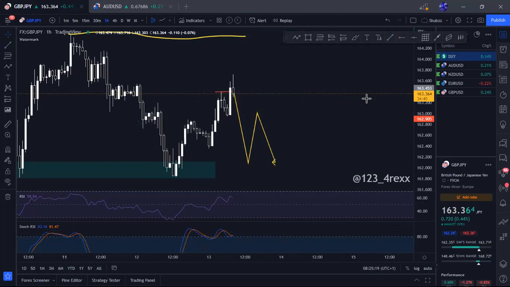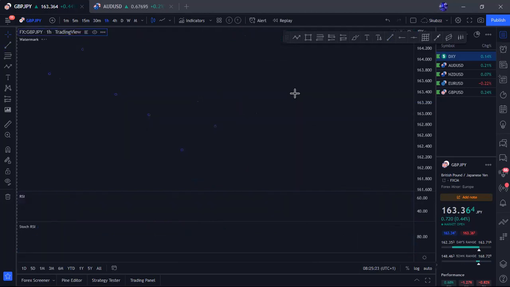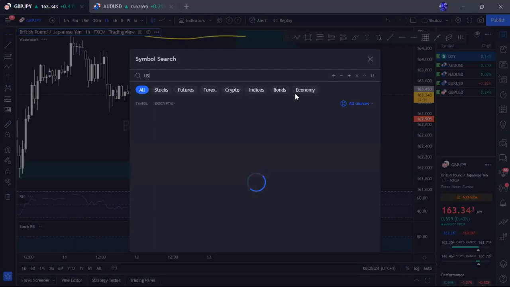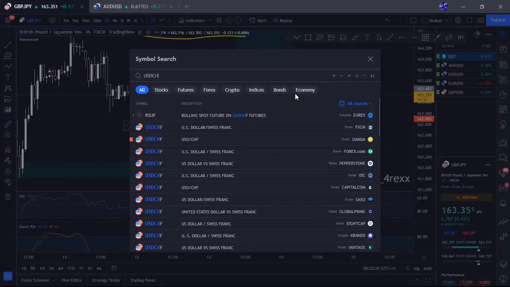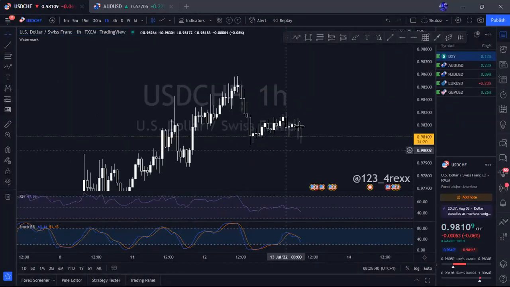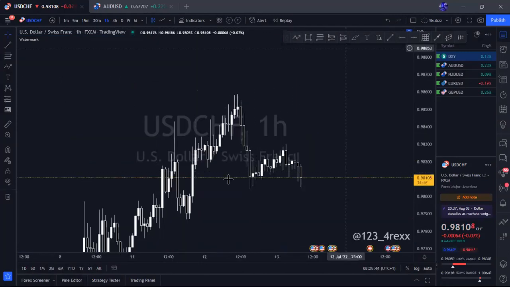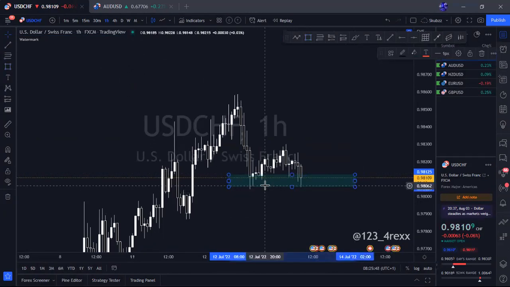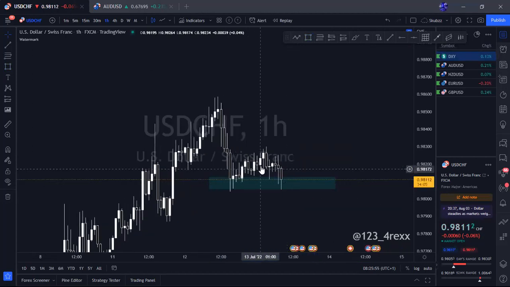What's the other pair? USD-CHF. This one is GBP JPY. Let's check USD-CHF. Let me check my MetaTrader on my phone. So USD-CHF here, we're having these flat lows right now.